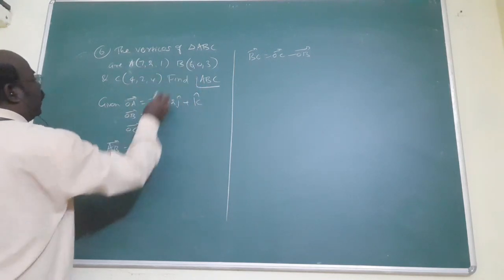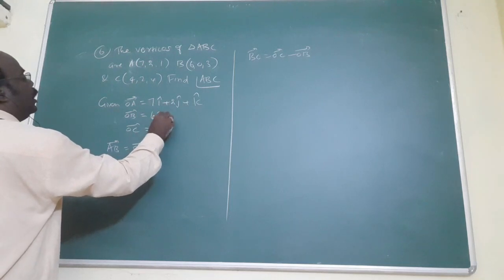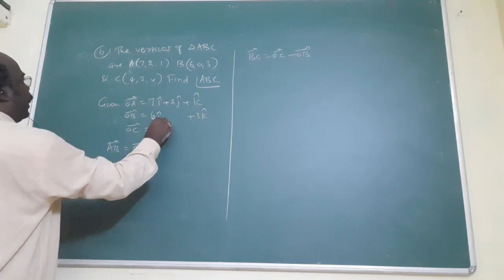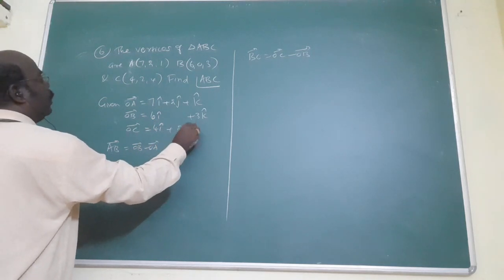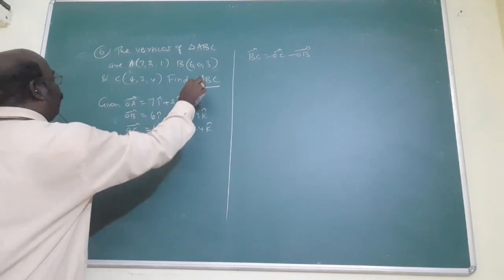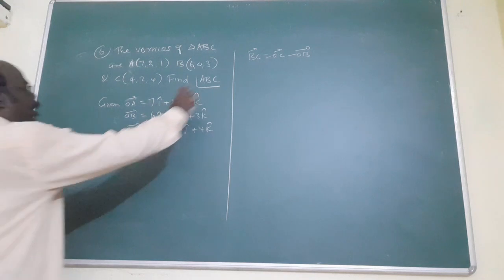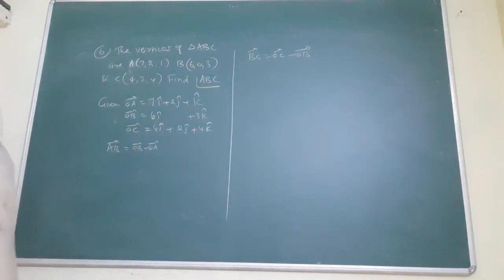Next, 0 i cap, 0 j cap, plus 3 k cap. Last one, 4 i cap, 2 j cap plus 4 k cap. Angle B is asked. You have to find the AB vector, then the BC vector, then take the dot product. If it is 0, then AB dot BC equals 0, meaning B is 90 degrees. That is the answer.